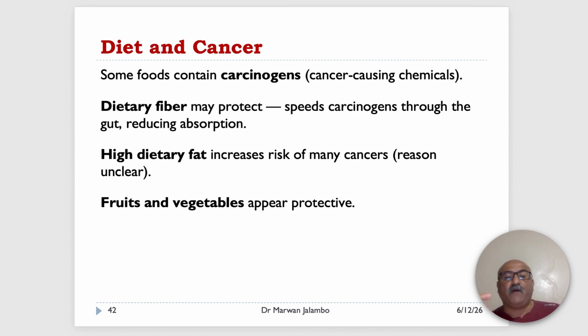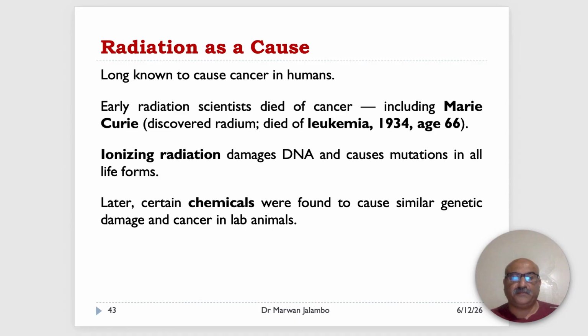Now, the first of our three mutation causes, and the one recognized earliest, radiation. Radiation linked to cancer was learned the hard way. Many early scientists who handled radioactive materials, not knowing the danger, died of cancer, including Marie Curie herself.